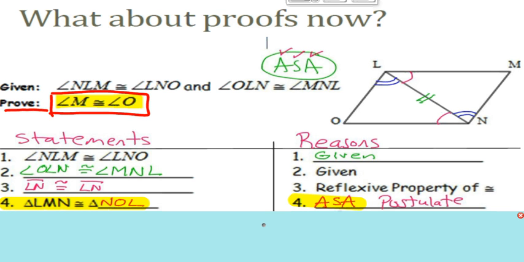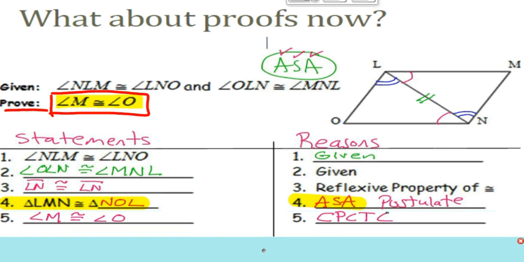Because the triangles have been proven congruent, I can now say that the angles, angle M and angle O, are congruent to each other because of corresponding parts of congruent triangles are congruent. So it's just one little added step. Everything's the same that we've been doing, except now we're adding this one last thing where corresponding parts of congruent triangles are congruent.